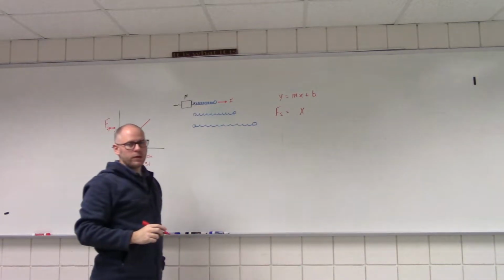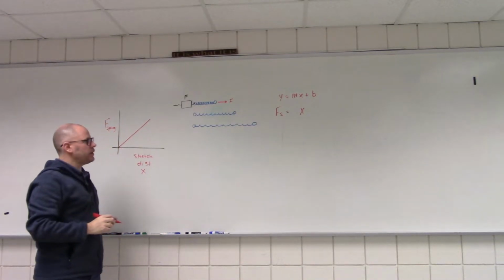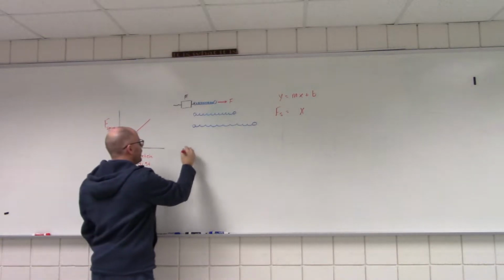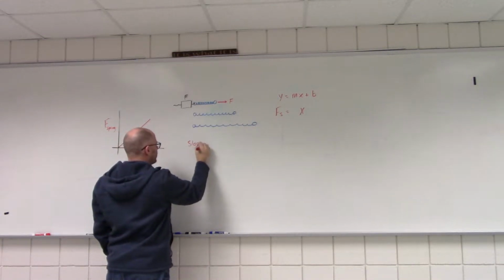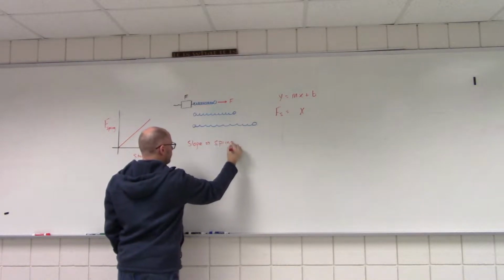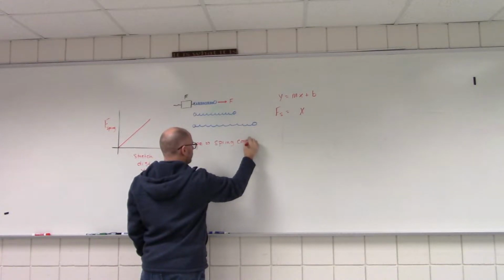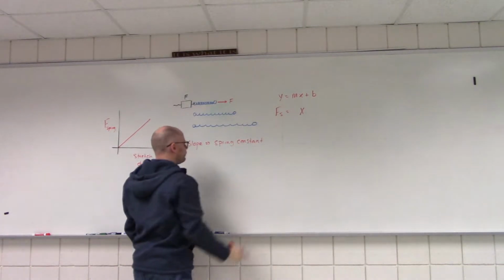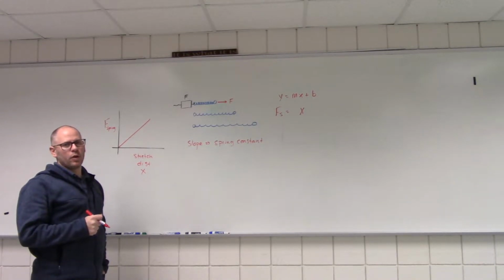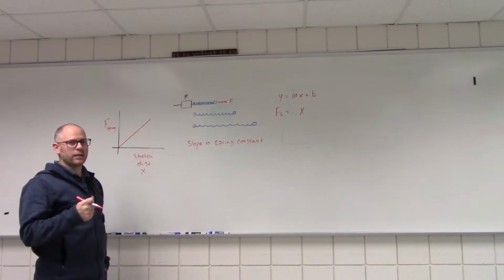And so what goes here is something called the spring constant. So in this case, the slope is the spring constant. And it's a measurement of how tight a spring is. So a larger spring constant would be a tighter spring.